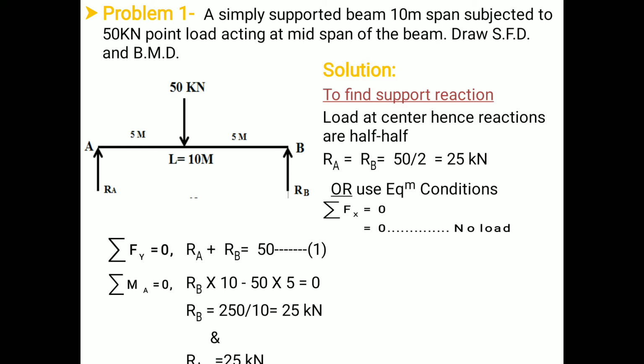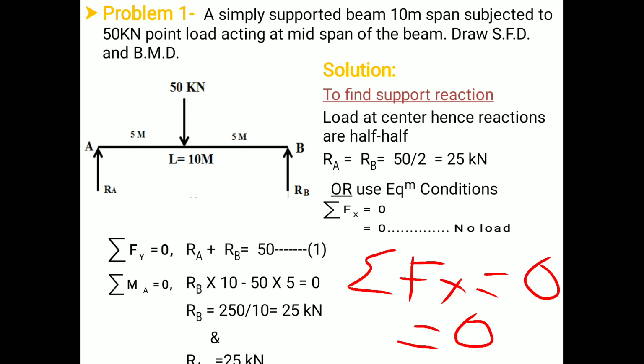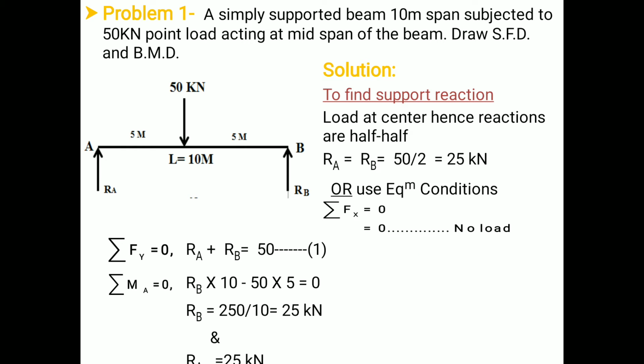Now we have three equilibrium conditions. The first one is summation of Fx is equal to 0. Now remember that as there is no horizontal force acting on the system, the summation of Fx is equal to 0 because there is no load acting in horizontal direction. Next equilibrium condition is summation of Fy is equal to 0.